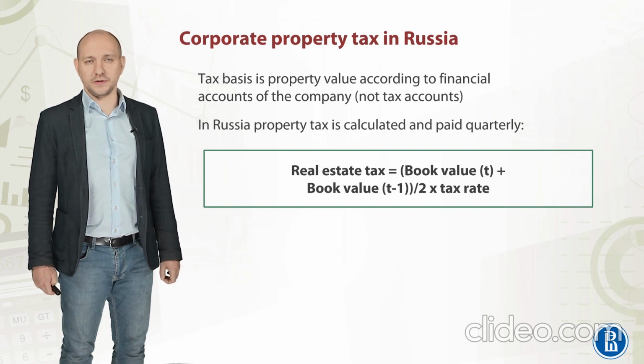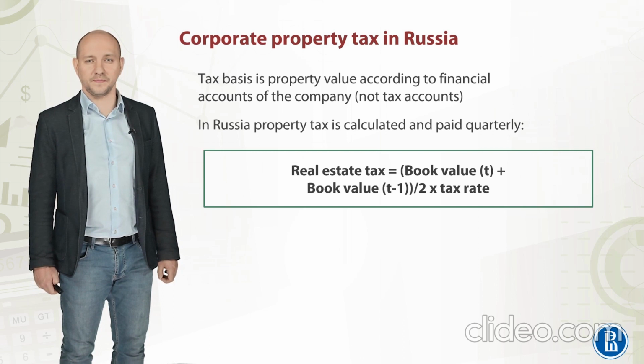It's important to note that the basis for tax calculation is the company's financial accounts, not tax accounts. So you need to take the book value of the current period, then add the book value of the previous period. Here we're talking about quarters. Then you get an average of this, so you divide it by 2 and multiply by the tax rate.